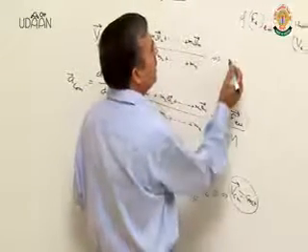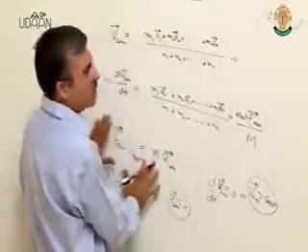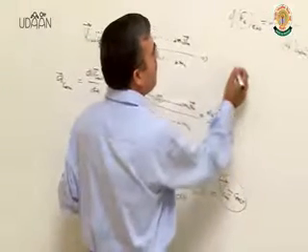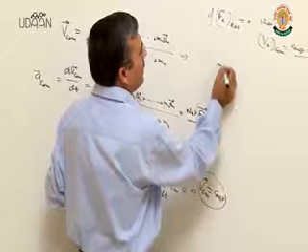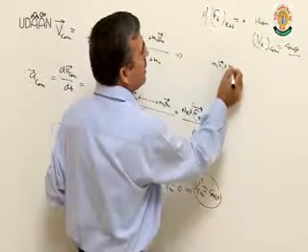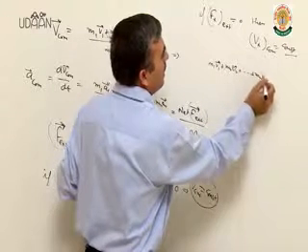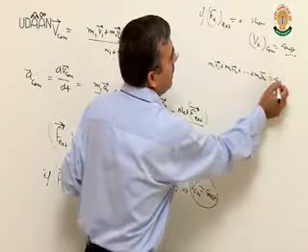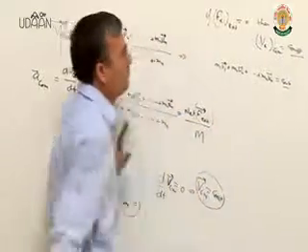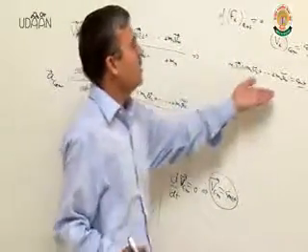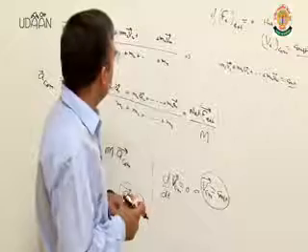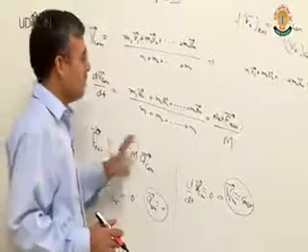Under this condition, if F external is 0, then m1 v1 vector plus m2 v2 vector and so on plus mn vn vector is constant. This is the law of conservation of linear momentum. Clear? Okay.